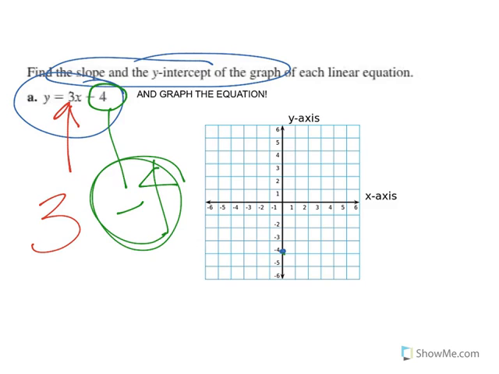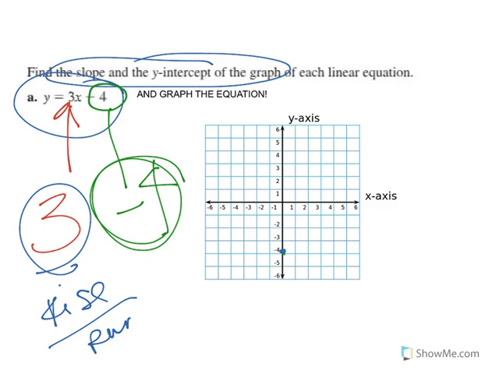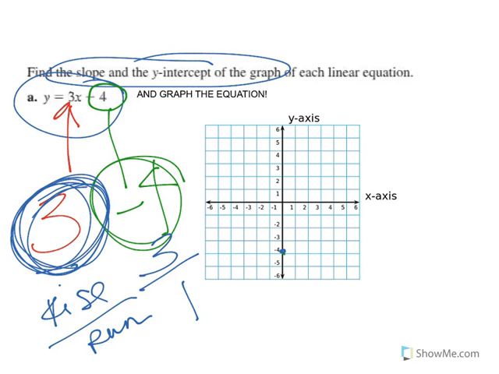Okay? And then remember that our slope is really rise over run. Rise over run. So that means that we need this to be a fraction. So if it's just a number, we can say 3/1.